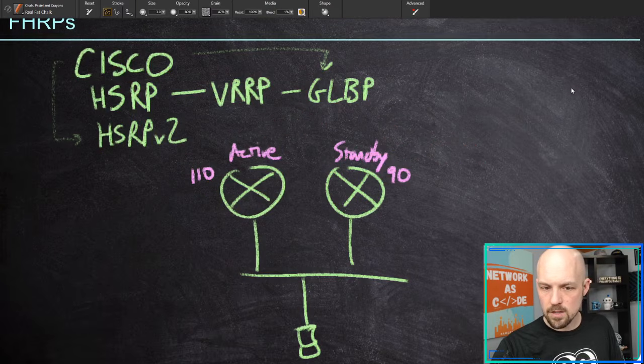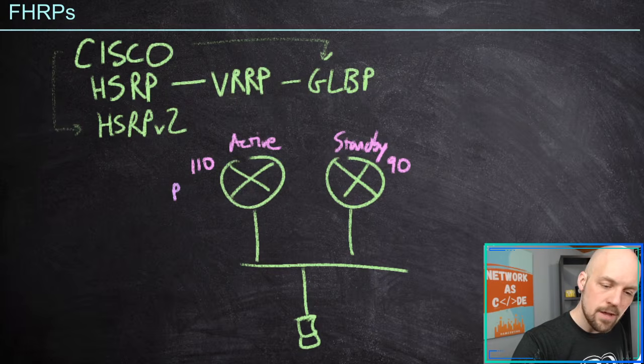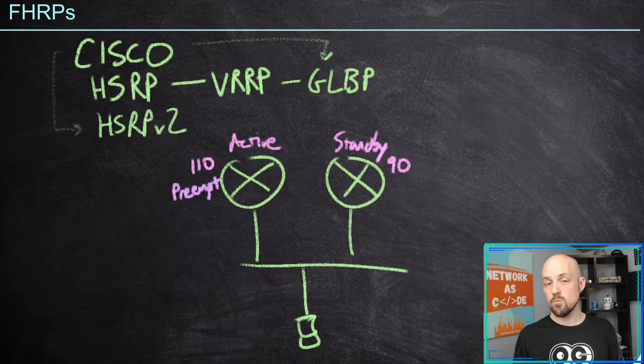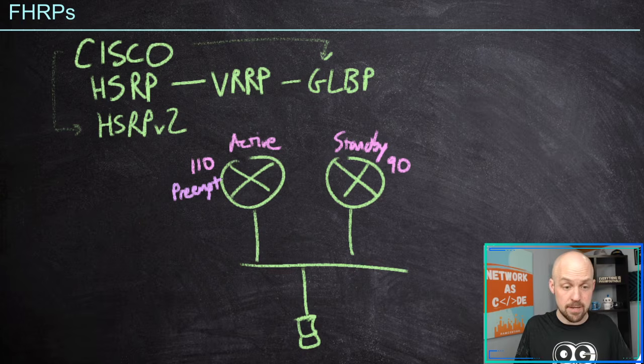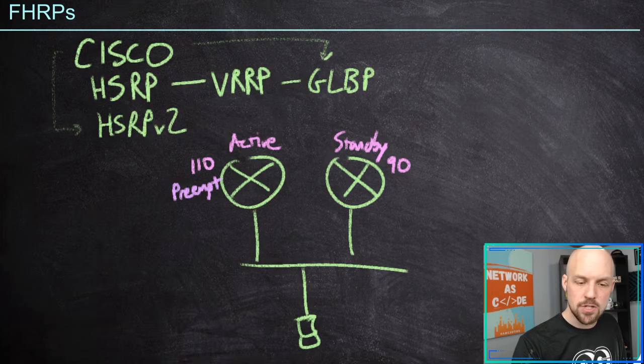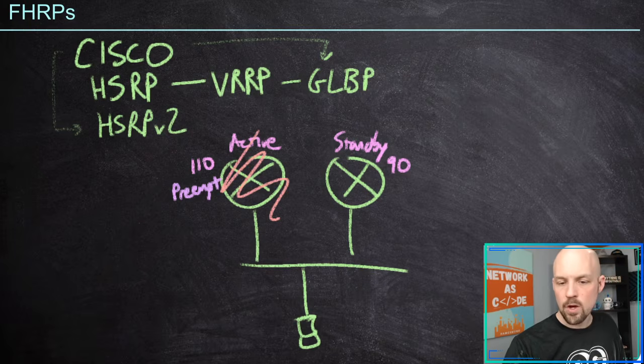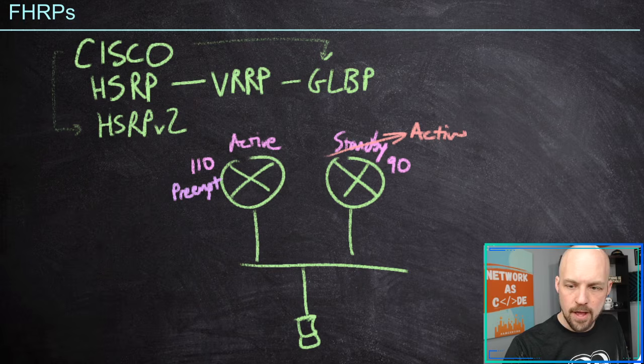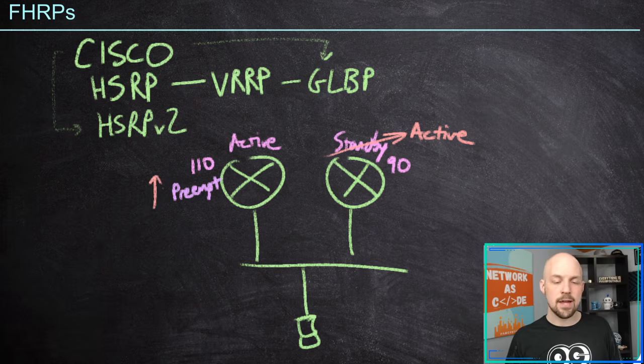So now, if I've got this preempt command configured, which again is not the default in HSRP, but we can configure it, with preemption enabled, when I have the outage and this goes down, we now have this router as the active, and then this router comes back online.